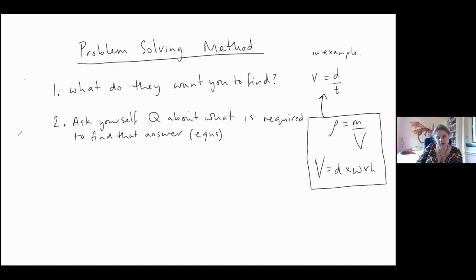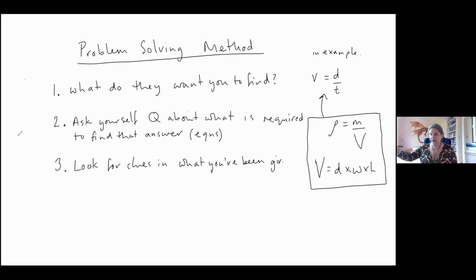The next thing I want you to do is look for clues in what you've been given. This comes back to Arian's comment, which was, how did I know that we can model it as a cuboid?